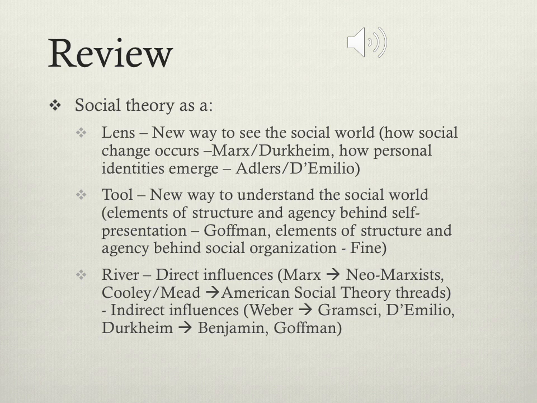Now, this new way of seeing the world connects to the different types of theory, the different themes of theory. So, we had a few different theories that gave us a new way to see social change. We had a few different theories that gave us a new way to see how social control works. And so that's what we're looking at there. Each theory provided us a new way to see the social world.